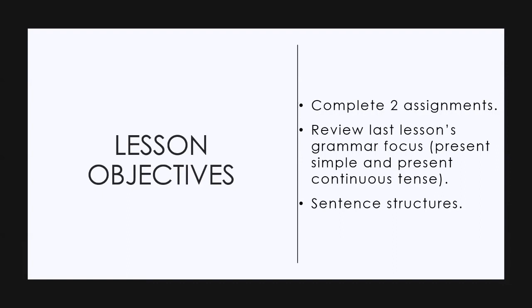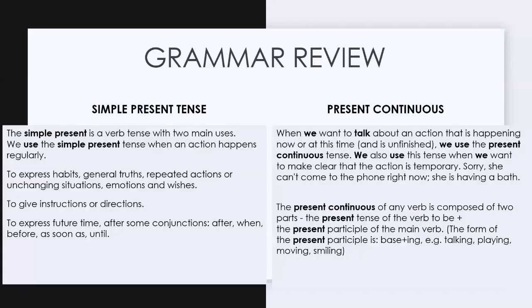So now we're going to review our last lesson, which was focusing on the present simple and present continuous tense and sentence structures. We talked about the simple present tense and how you use it to talk about habits, general truths, repeated actions, or unchanging situations, emotions, and wishes.